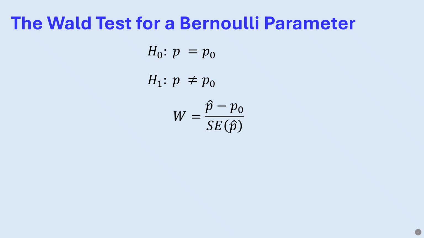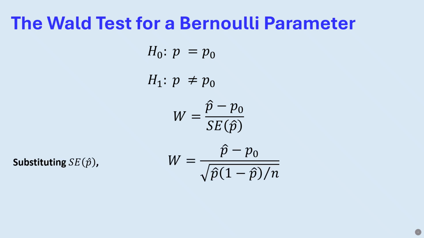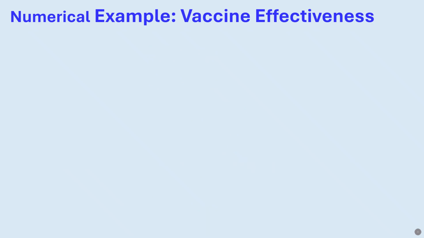For a Bernoulli distribution, the estimated standard error is obtained by replacing the unknown parameter with its estimate, p hat. Substituting this estimated standard error into the Wald statistic gives the expression shown here. Finally, under the null hypothesis, and for large sample sizes, the Wald statistic is approximately standard normal. This result allows us to use the standard normal distribution to perform hypothesis testing.